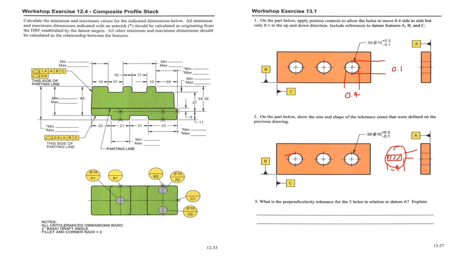Then we have to define the datum feature reference here. So for this 0.1, I can show it like this.